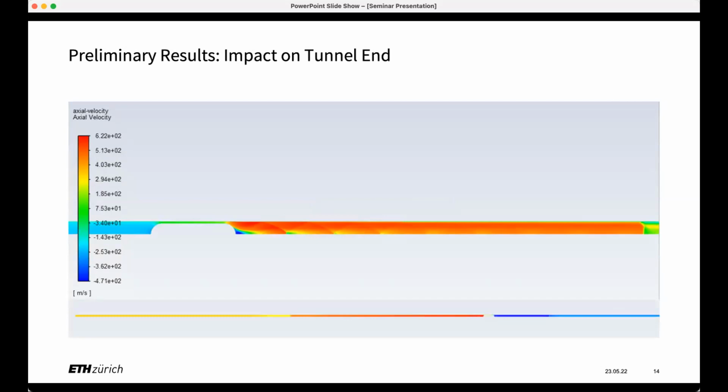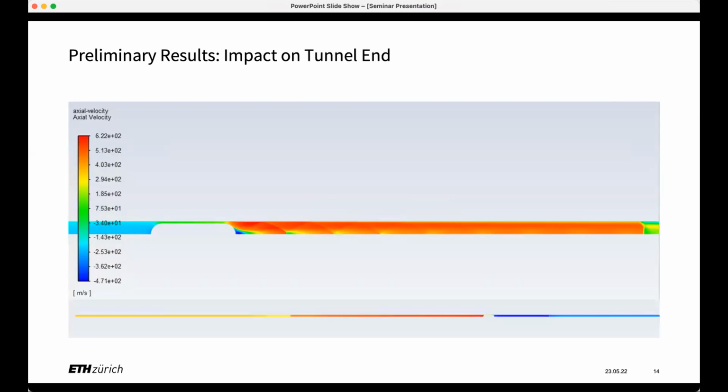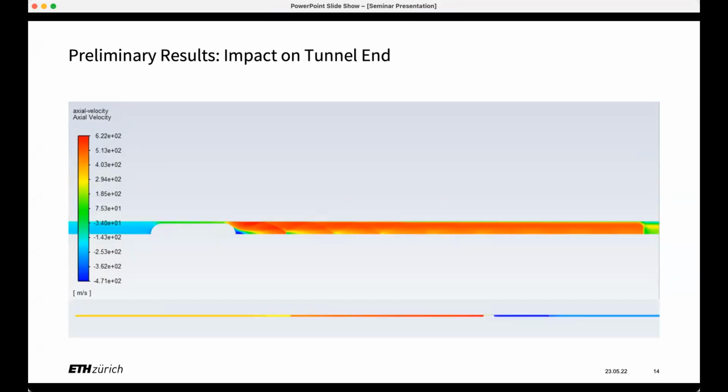This is a picture of essentially the same pod, but after the leading shockwave has impacted the tunnel end. So what you see is that the flow actually looks similar, but if we look at the axial velocity numbers between this one and this one, you can all of a sudden see that the flow is more intense in it, essentially. It's the same flow, but the pressure is approximately doubled and the peak velocity is increased by approximately 50%.